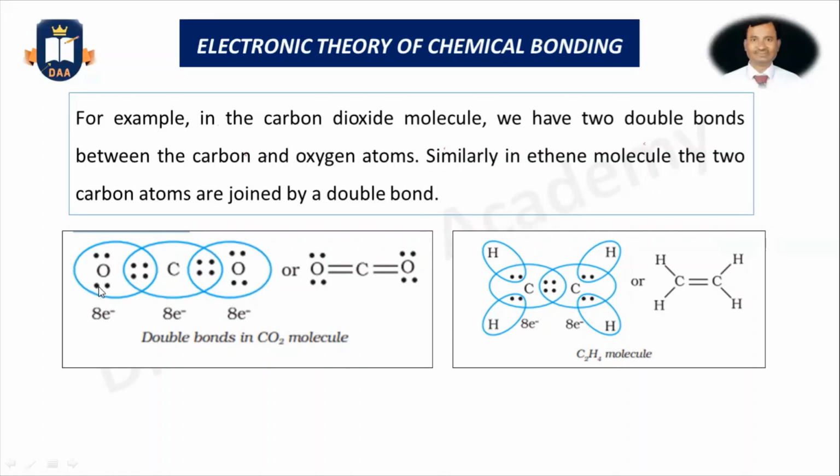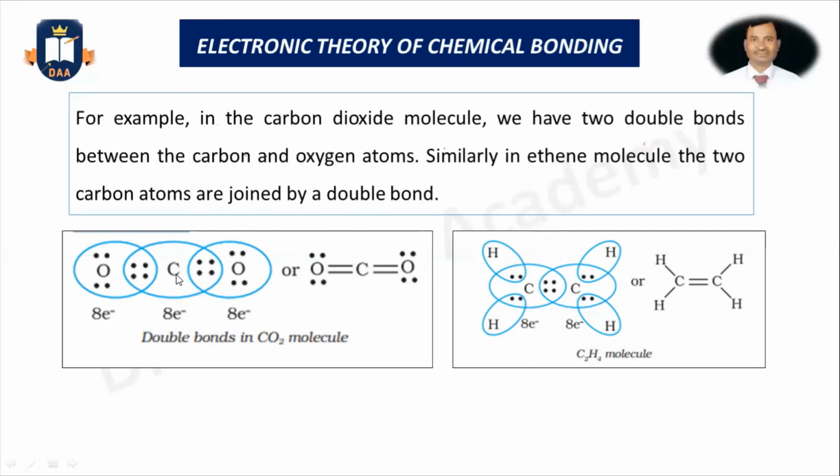Here also you can see 1, 2, 3, 4, 5, 6, 7, 8, and for the right side oxygen atom also it has a total of 8 electrons by sharing the electrons with the carbon atom.